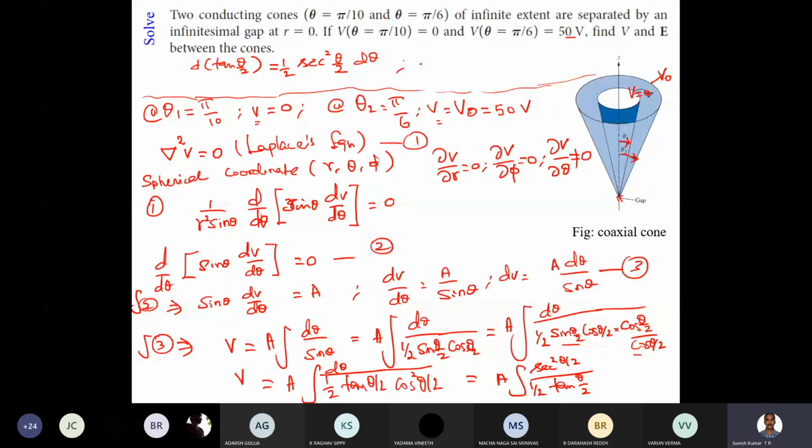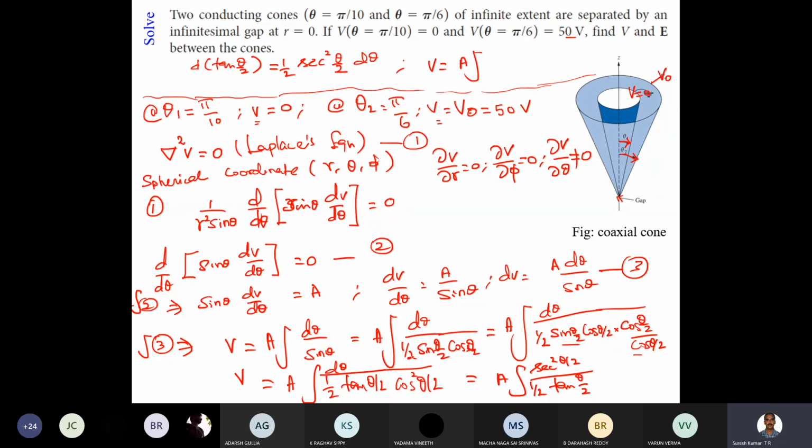So that equation will become V equal to A into secant square of this term. Sorry, I think it's not half, it should be 2, I guess. Do you remember? It should be half or 1 by 2.